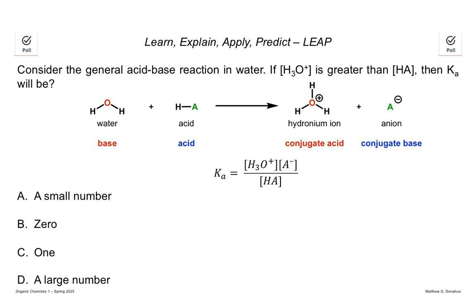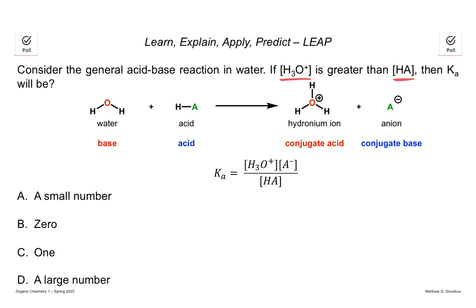When we're dealing with these equations, that Ka, and we're dealing with concentrations, we all know, Avogadro's number and concentrations, you can end up with really large numbers or very small numbers. So what we'll do on these next two questions is just a thought experiment. We're considering the concentration of hydronium versus HA.